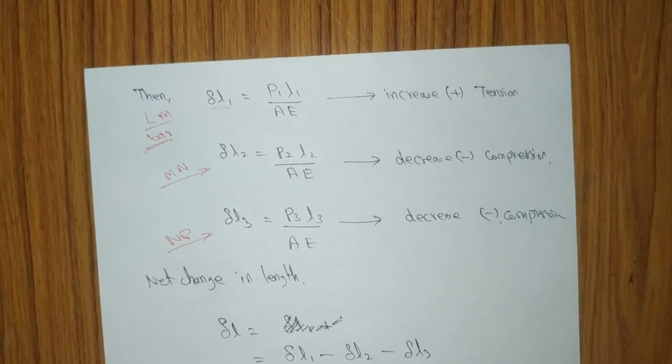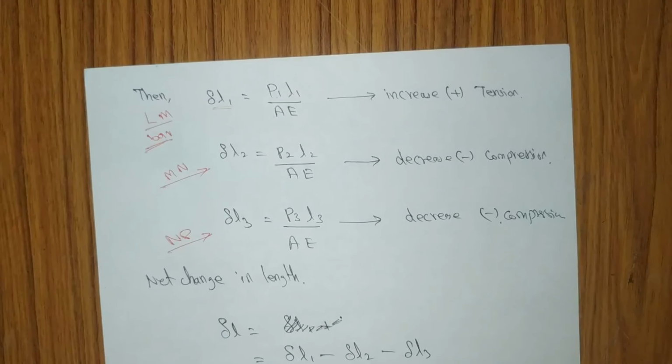PL by AE is the formula. So the total net change in length is delta L1 minus delta L2 minus delta L3, where we put minus because of compression: P1 L1 by AE minus P2 L2 by AE minus P3 L3 by AE. Commonly taking 1 by AE out, we have P1 L1 minus P2 L2 minus P3 L3.